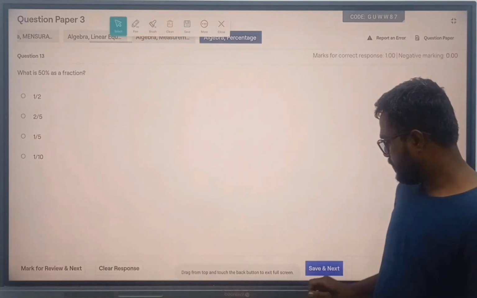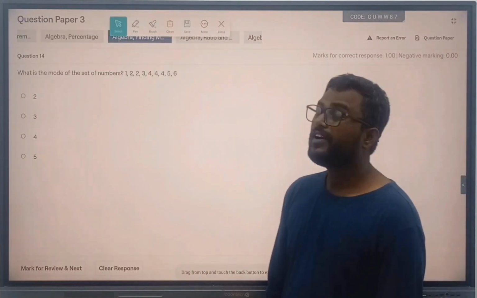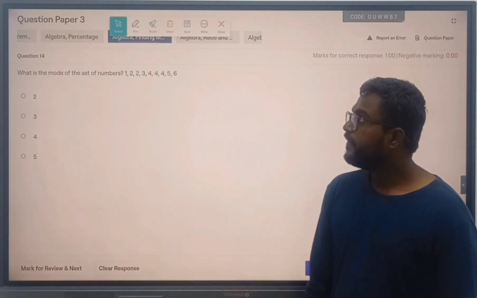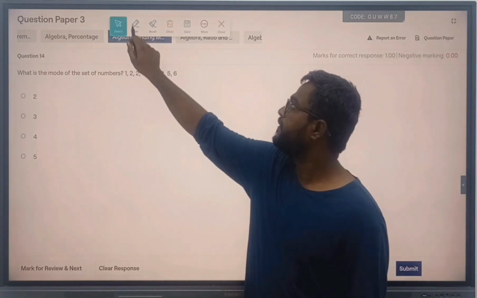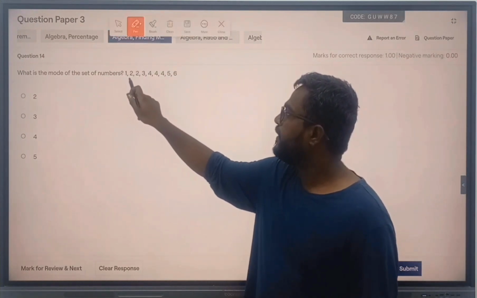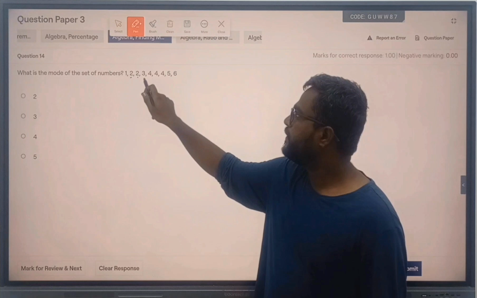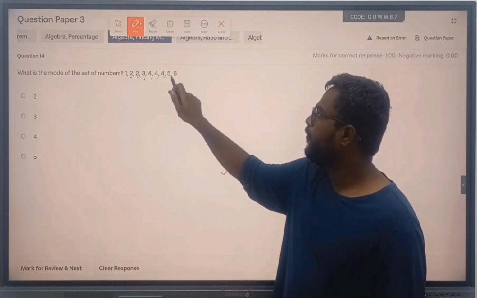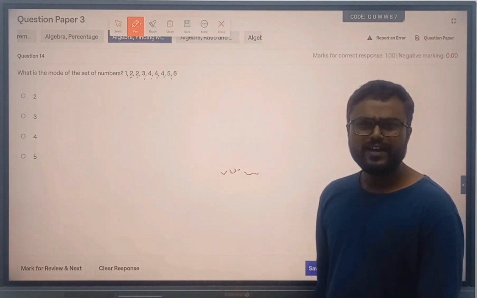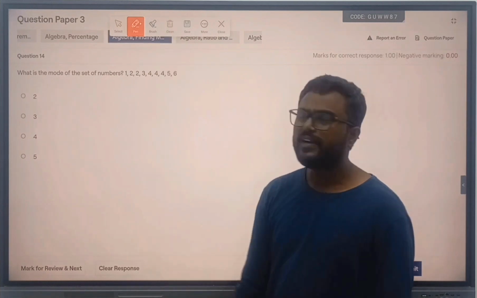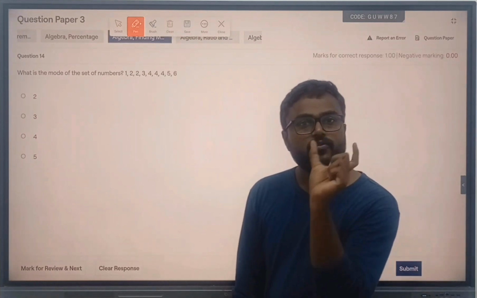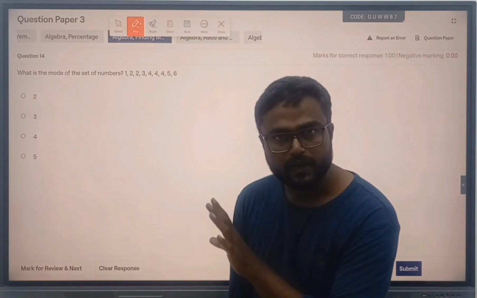The next question is, what is the mode of the set of numbers? The set of numbers is 1, 2, 2, 3, 4, 4, 4, 5, 6. So guys, mode is nothing but the most frequently occurring number.